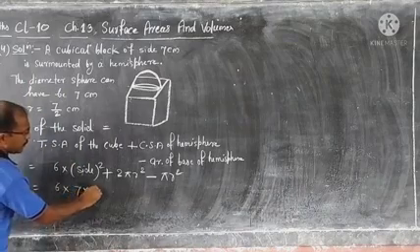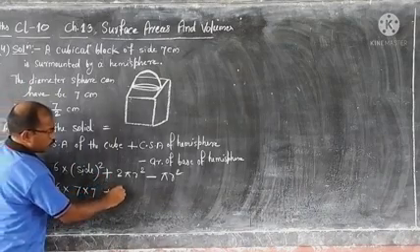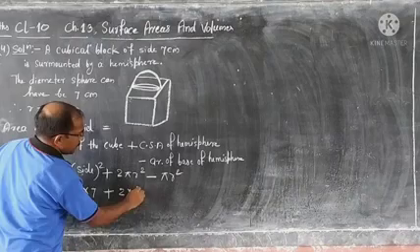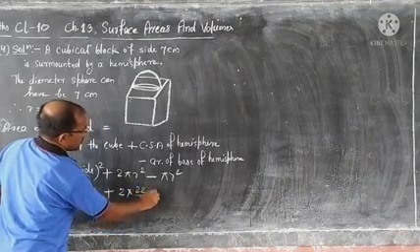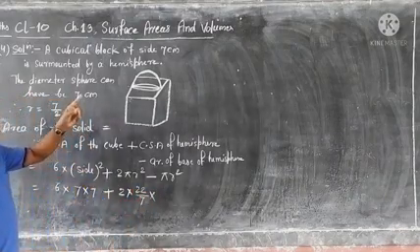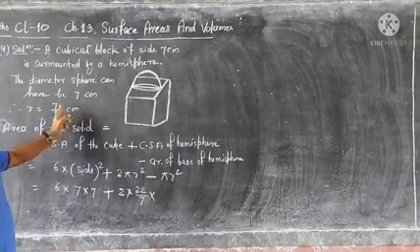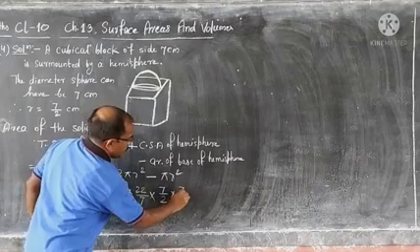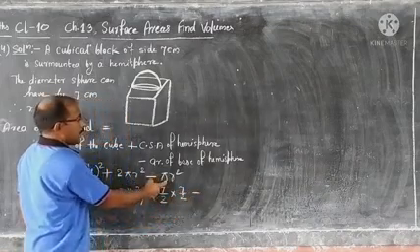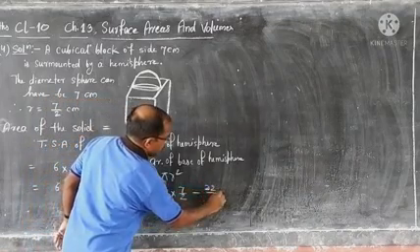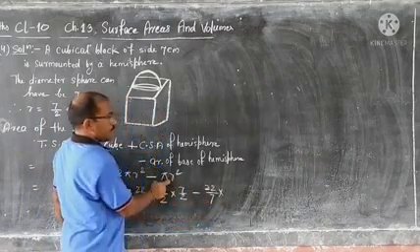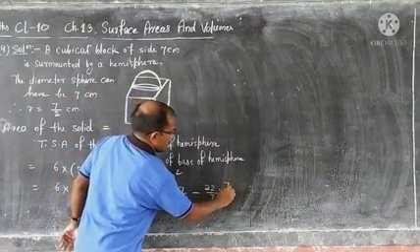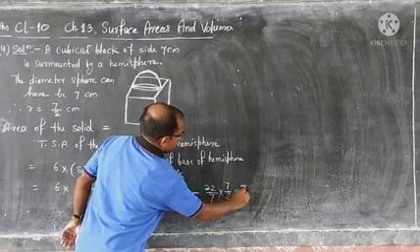So, 6 into 7 into 7 plus 2 into 22 by 7, radius of hemispherical part, that is 7 by 2, into 7 by 2, minus 22 by 7, again radius of hemispherical portion only, 7 by 2 into 7 by 2.